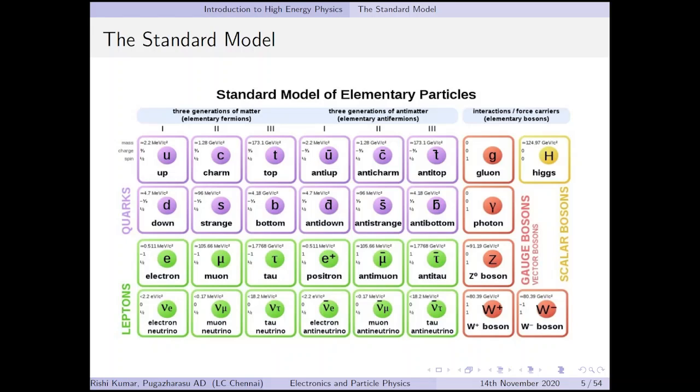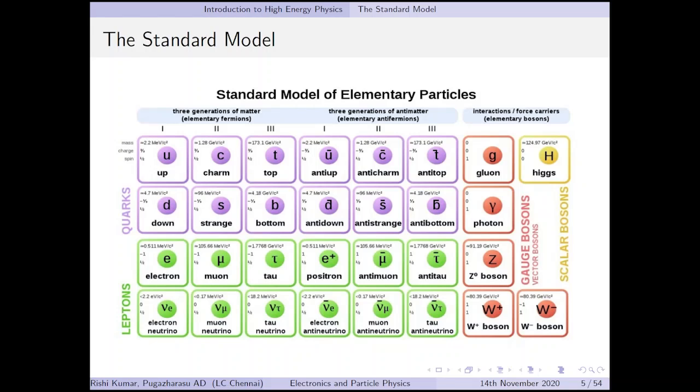But then, as our particle colliders got better and better, we started to find a whole plethora of new particles, such as the ones right here. It's called the standard model, which essentially allows us to categorize all of the particles that we find in our research in particle physics, defining them as quarks, leptons, and bosons, which are essentially categorized by their spins.